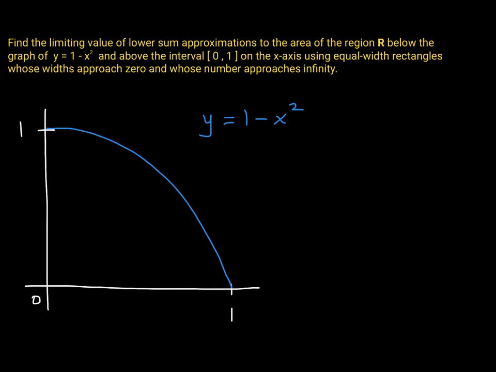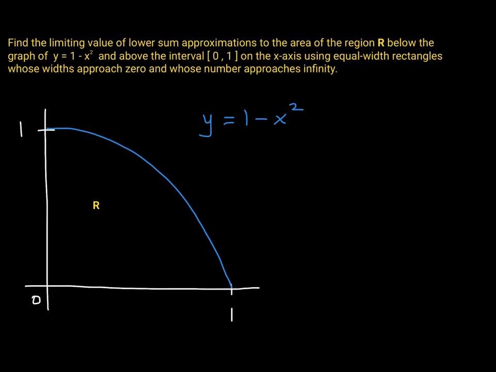Find the limiting value of lower sum approximations to the area of the region R. Let me label our region here, R. So this is the region R that we are looking to calculate the area for. Below the graph of y equals 1 minus x squared, and above the interval 0 to 1 on the x-axis, using equal width rectangles. So we did this before.